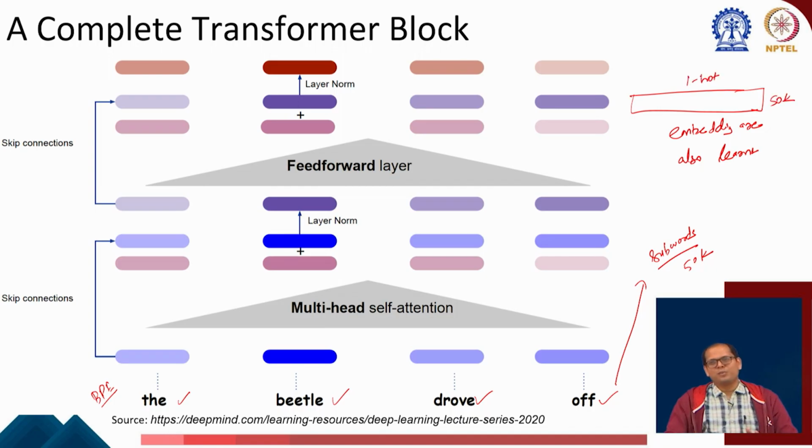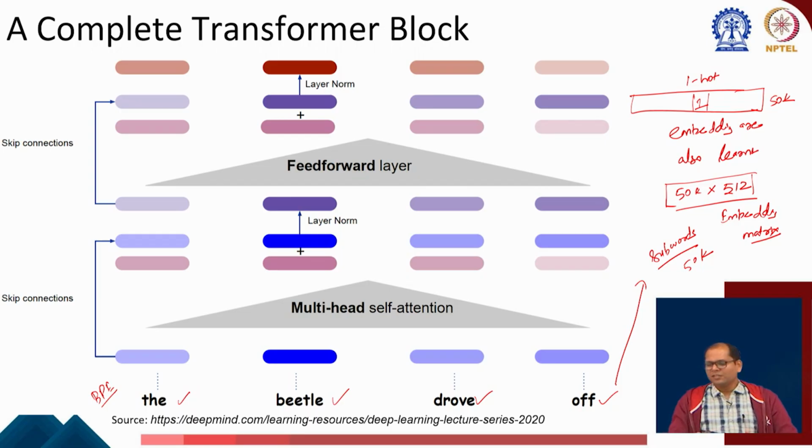Each word would be somewhere in the one hot, let's say it occurs here, and then you have an embedding matrix, right? So you will multiply it with an embedding matrix. This can be 50K times whatever the final dimension you need. In this case, I need 512 dimension, the model dimension. So I'll have 50K into 512 parameters in the embedding matrix, and this will also be trained with the model, assuming you have sufficient data for training this.